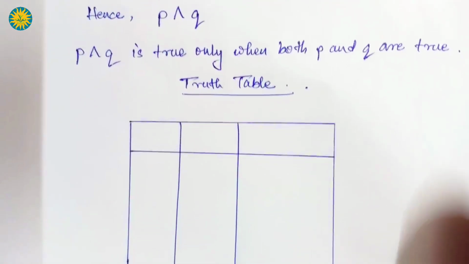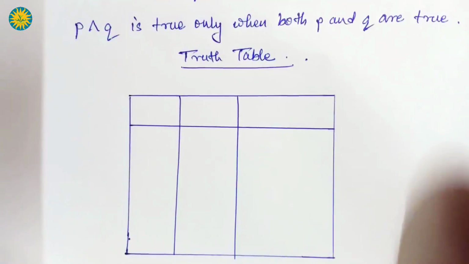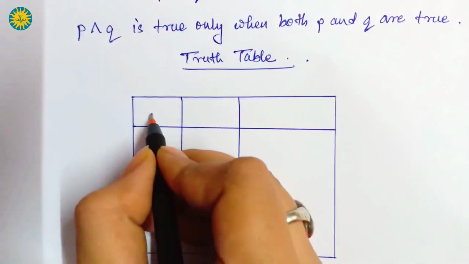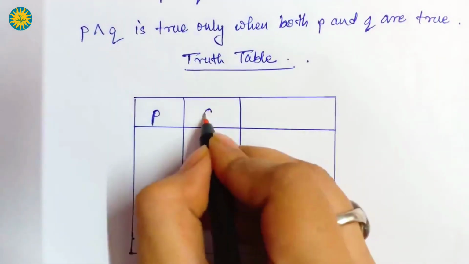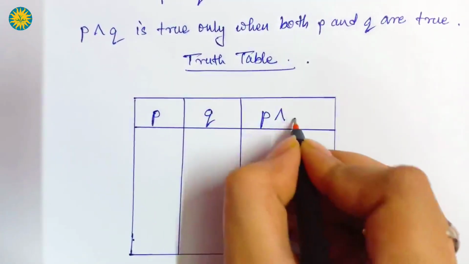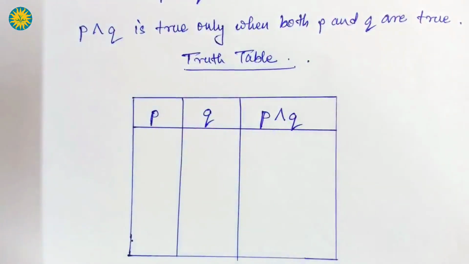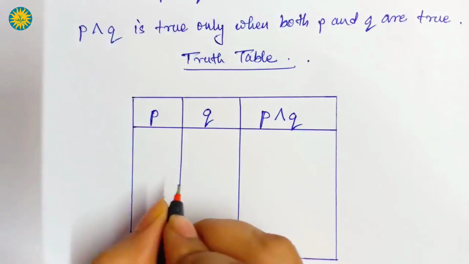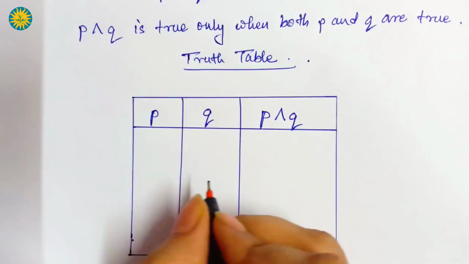For this truth table, we will make 3 columns. The first column is P, the second one is Q, and the third one is P and Q. So we will write the possible conclusions.